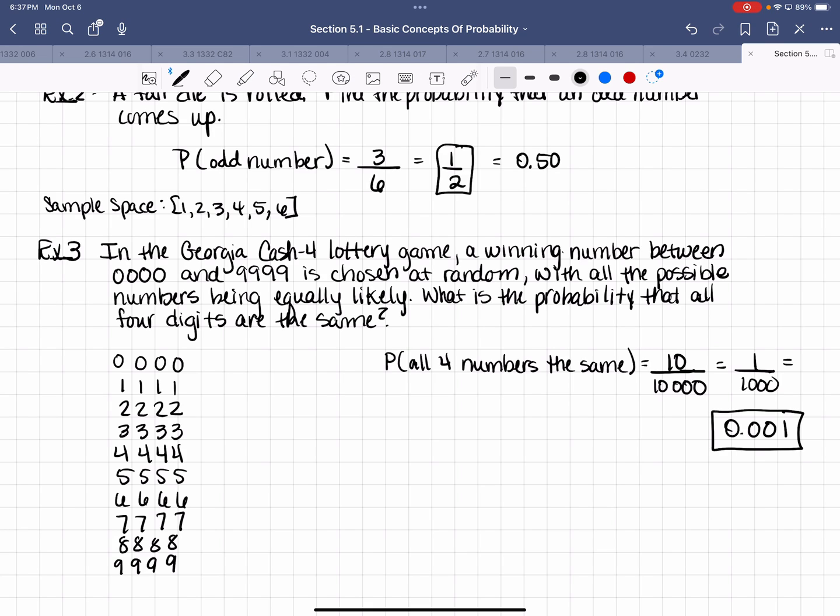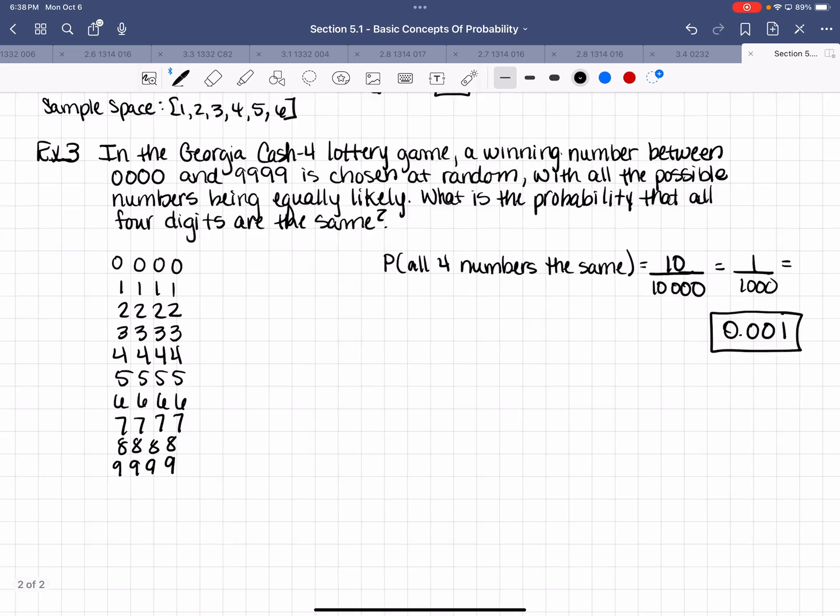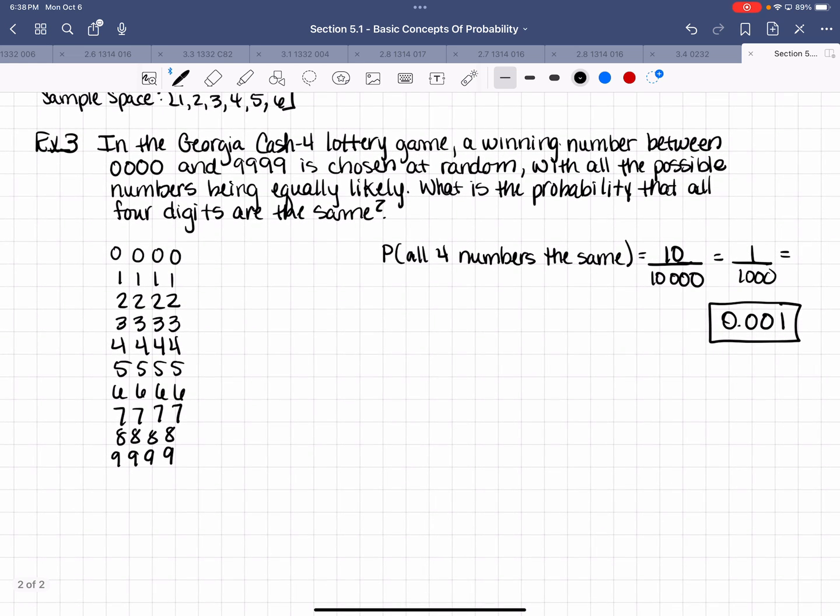Because to turn that into a percent, what do we do? Move the decimal 2 places to the right. So it's a 0.1% chance. So I would not suggest that you buy a ticket and make the number the same. You don't have a real good chance there, okay?